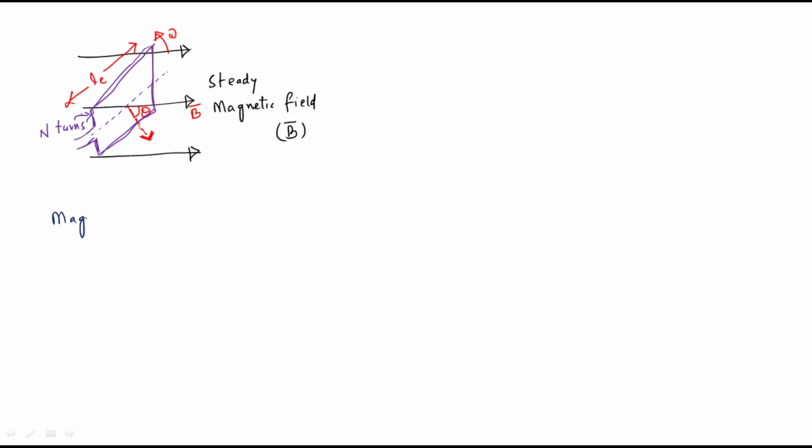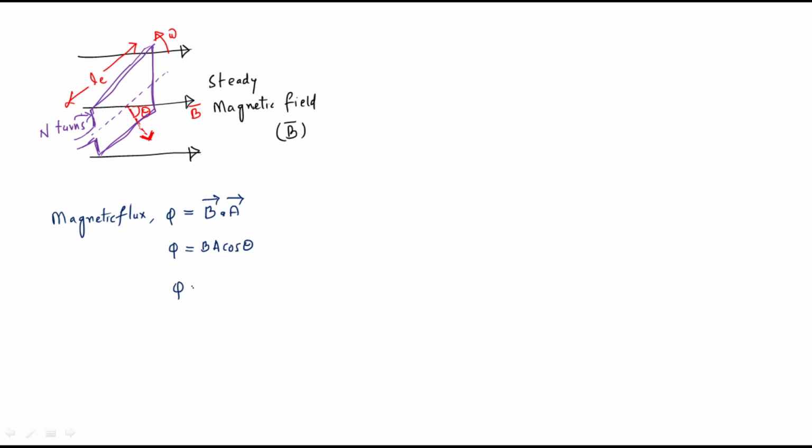Magnetic flux equals B dot A, and whenever there is a dot, we know it is cos theta, right?